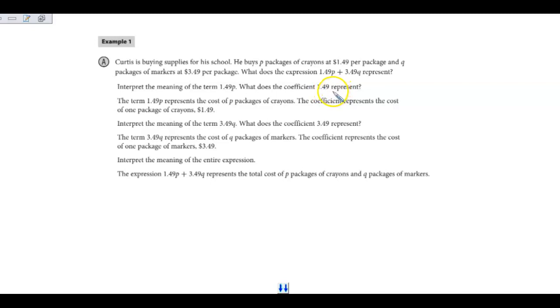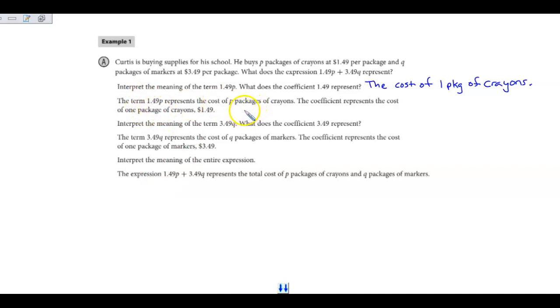This is the cost of one package of crayons. The term 1 49/100 P represents the cost of P packages of crayons.